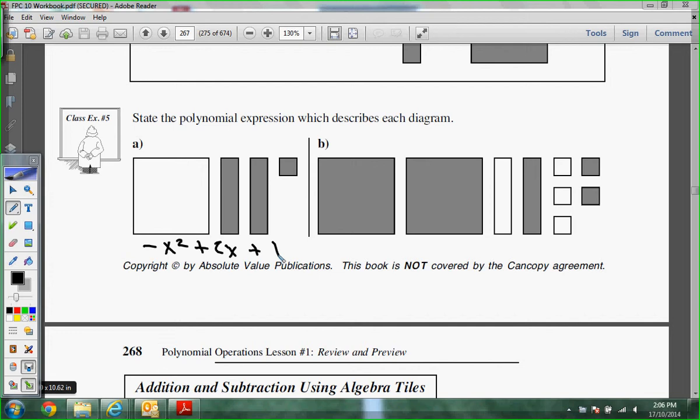This one, I have 2 x squareds that are positive. What happens to these? They cancel, cancel, cancel. I'm left with negative 1. Very nice.